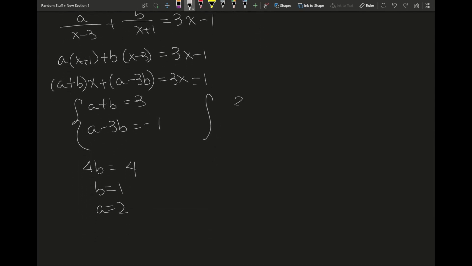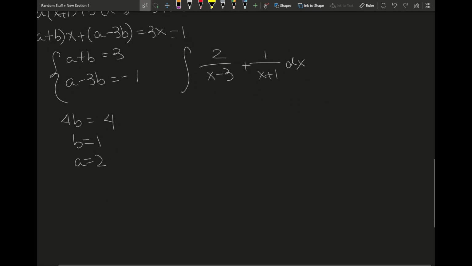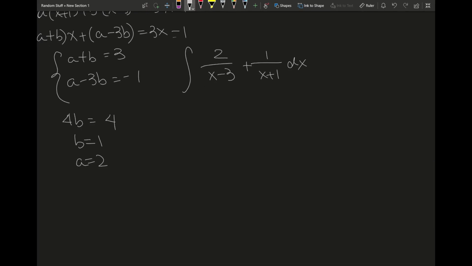So now we can rewrite the integral as the integral of A times 2 over (x minus 3) plus B times 1 over (x plus 1) dx. We can split these up, just to make this a bit simpler. So this we can take out: 2 times the integral of 1 over (x minus 3), and this is just ln of x minus 3.